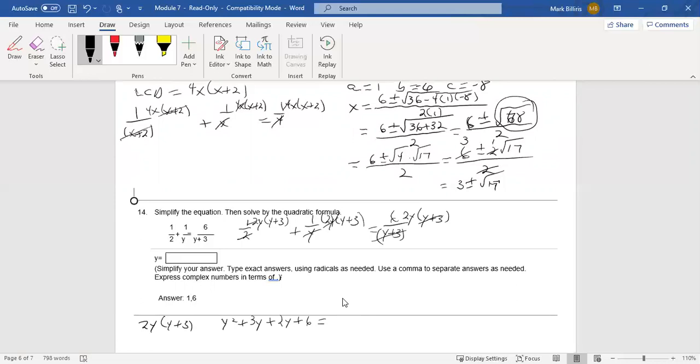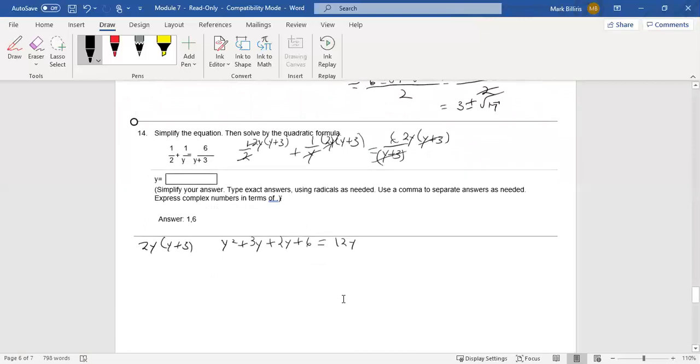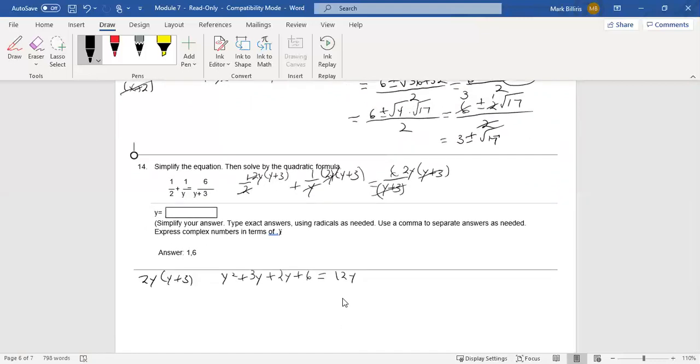That leaves us 6 times 2y, which is simply 12y. So we're going to combine our like terms. So here we have y squared plus 5y plus 6 equals 12y. And remember, we're going to subtract 12y from both sides.